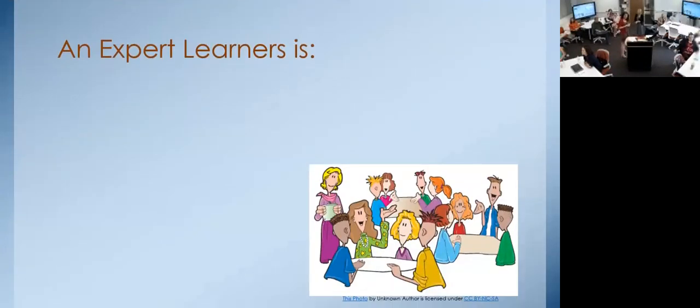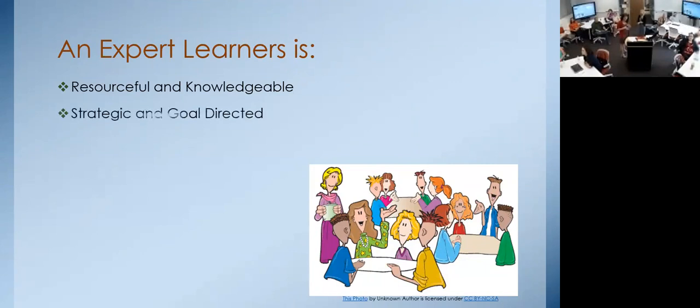An expert learner is their terminology that they use, and this is actually a great definition or terminology, because an expert learner is resourceful, knowledgeable, strategic, determined, purposeful, and motivated.